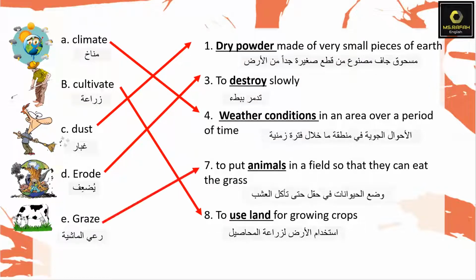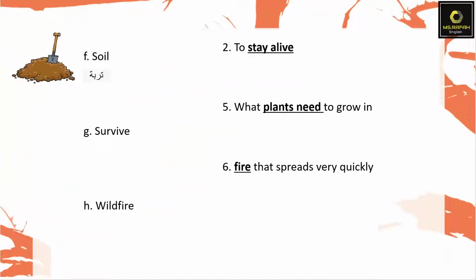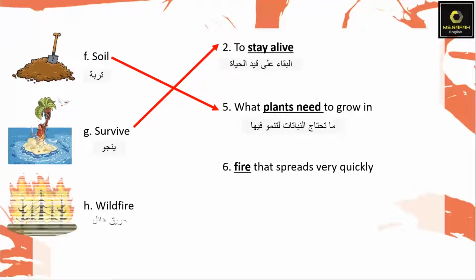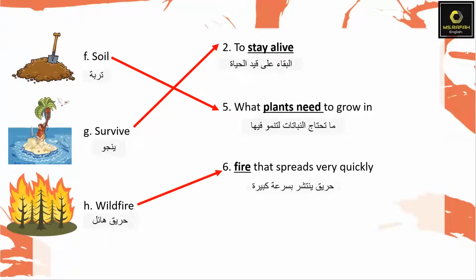To put animals in a field so that they can eat the grass. Soil. What plants need to grow in. Survive. To stay alive. Wildfire. Fire that spreads very quickly.